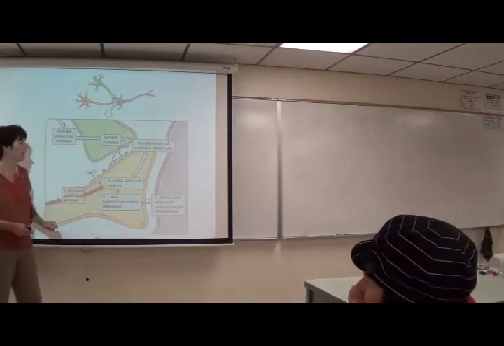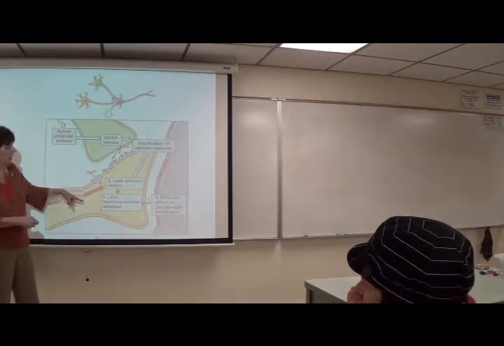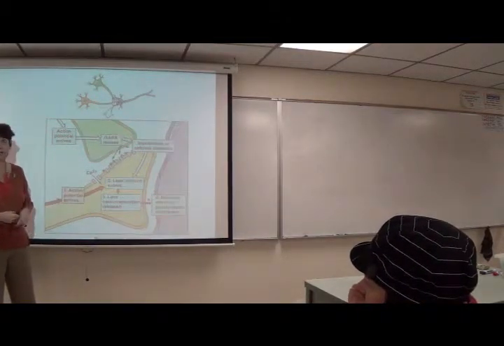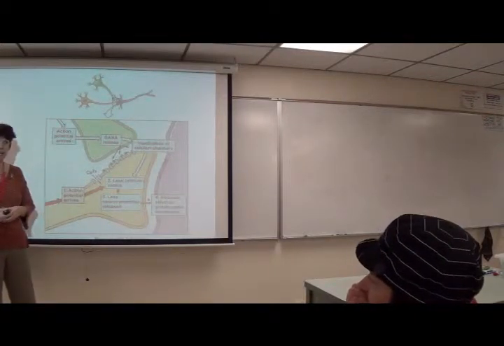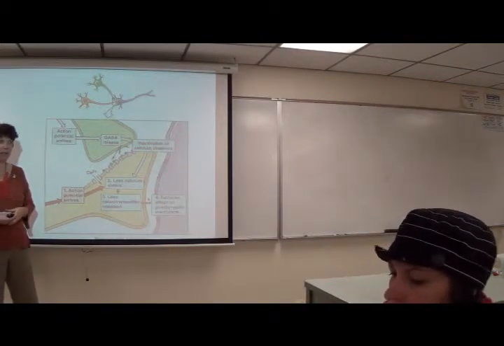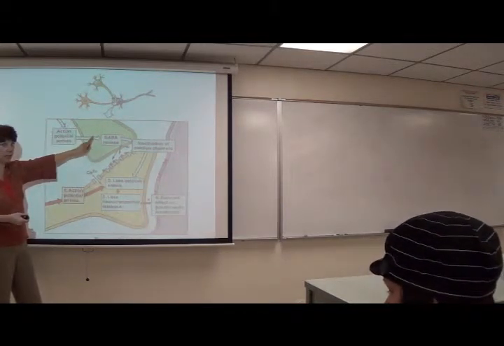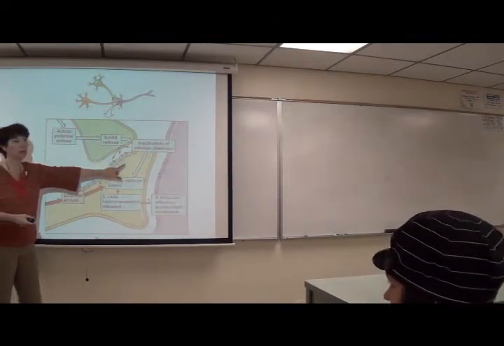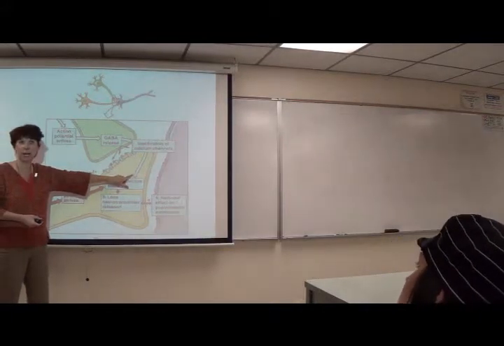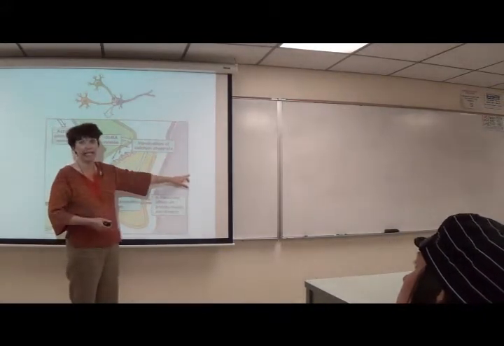Now the next cell is less likely to reach its threshold and create an action potential. So we can have our axon terminals and synaptic boutons directly affecting the synaptic bouton of a neuron, or the cell body.